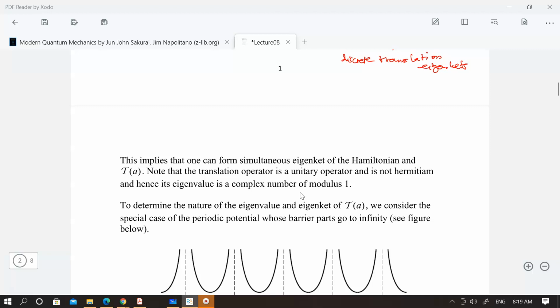The eigenvalue is not going to be real. It's going to be a complex number, and because of the unitarity of the operator, it will be a complex number of modulus 1. One could actually prove this if you want to. Let's just proceed with this.